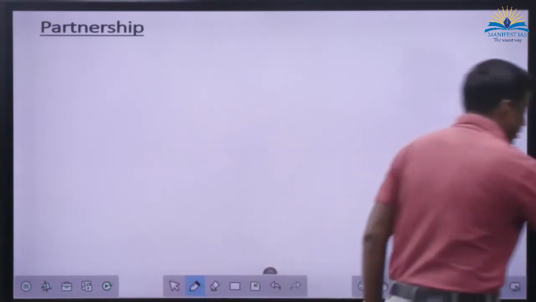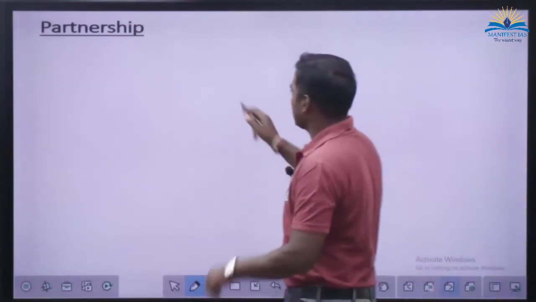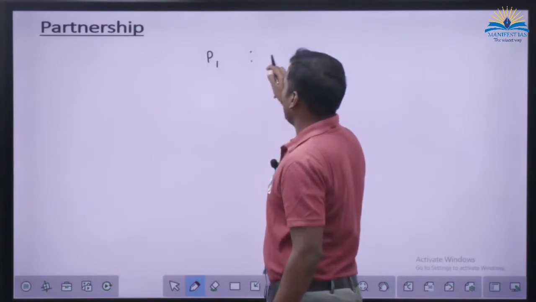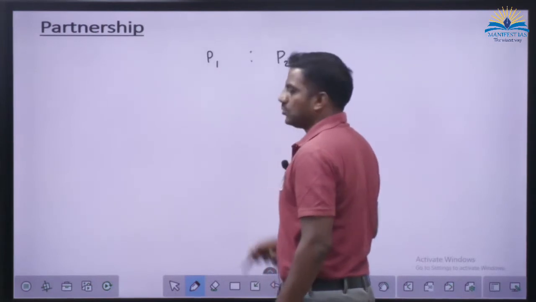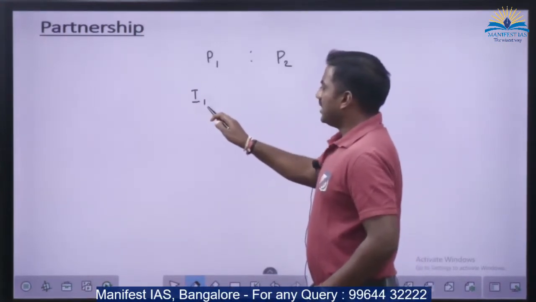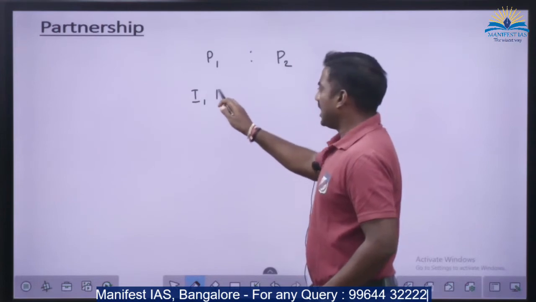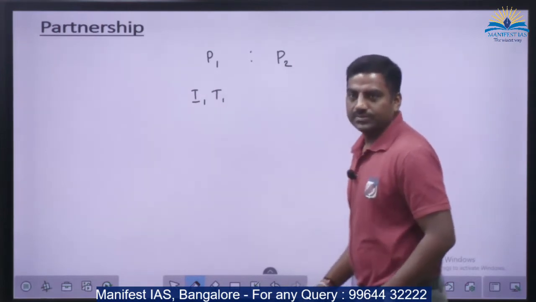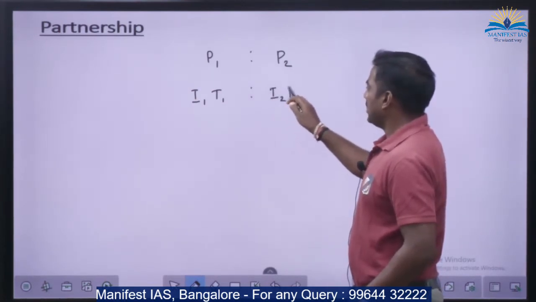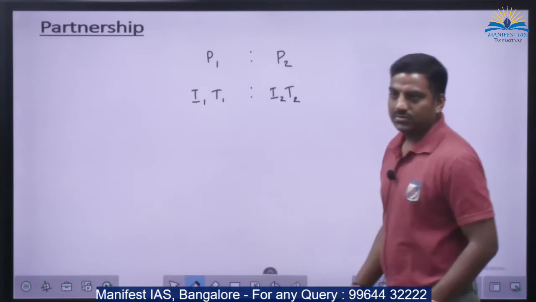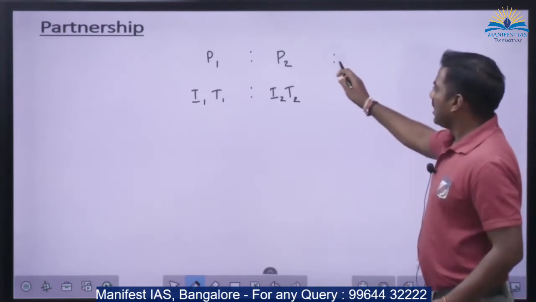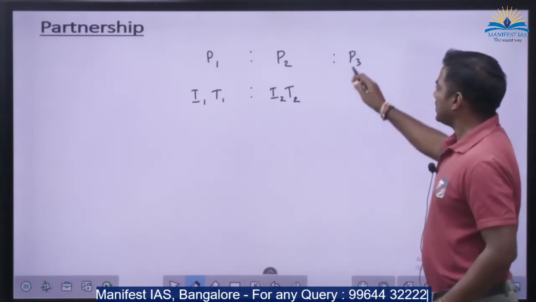So, simply, we write the share of profit for person 1 to person 2: profit 1 is to profit 2 is equal to the investment he has made and the time period for which he has made it, similarly for person 2. I1 T1 is to I2 T2. You can extrapolate the same for as many persons as you want.